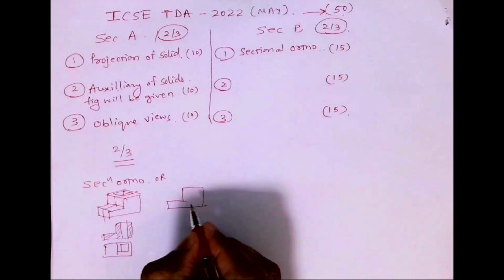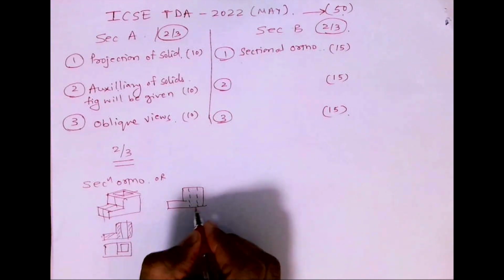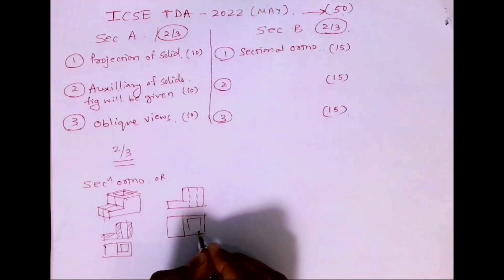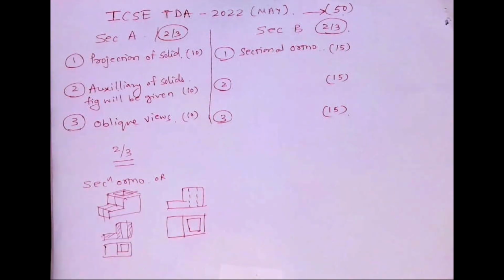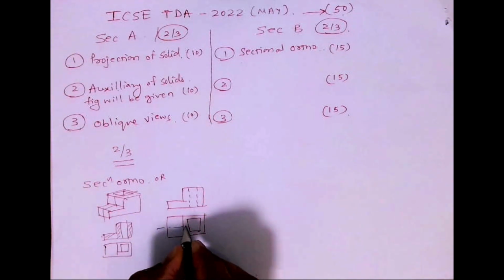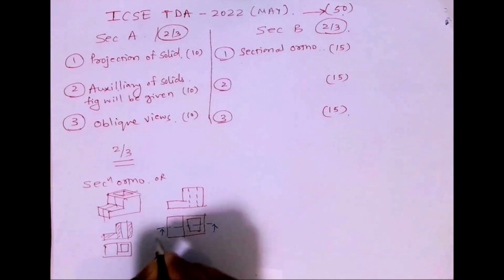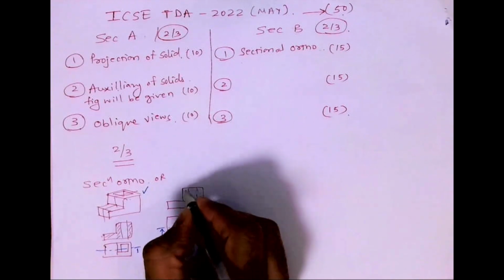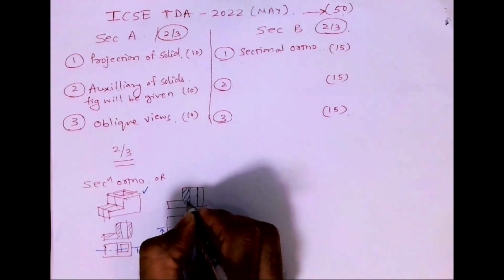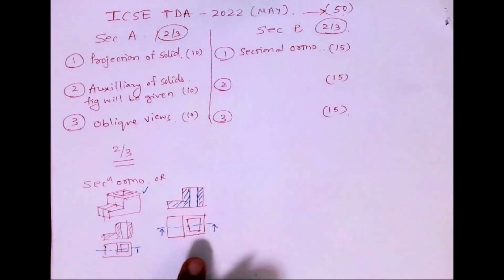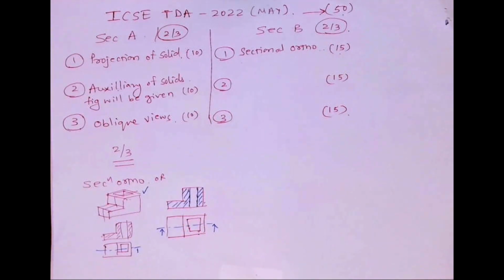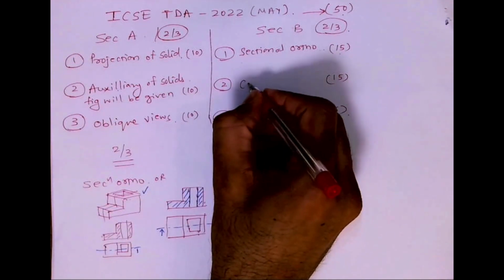Or they'll give you 2 views in orthographic only, and then ask you to draw the section. The cutting plane will be given. In this also we need to draw, where you just copy 2 views and do the hatching part. So you'll have either this or this, we don't know. So prepare both if you are doing this topic.